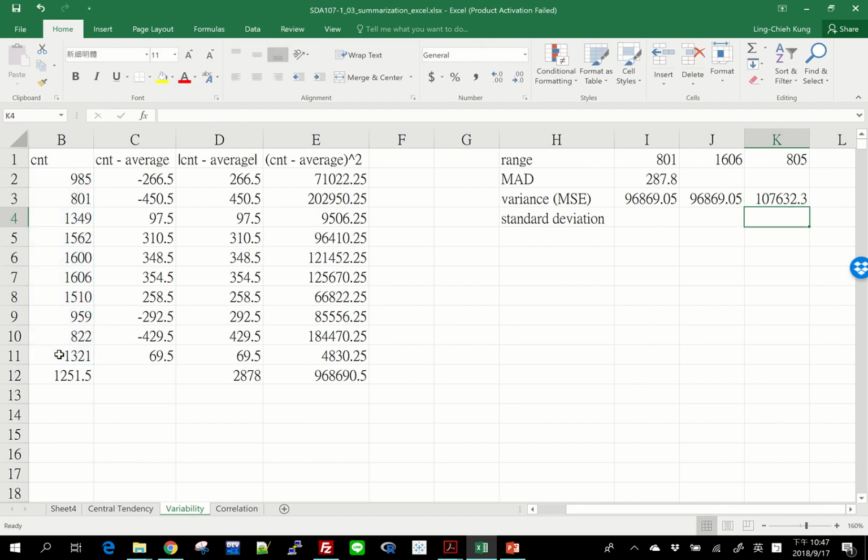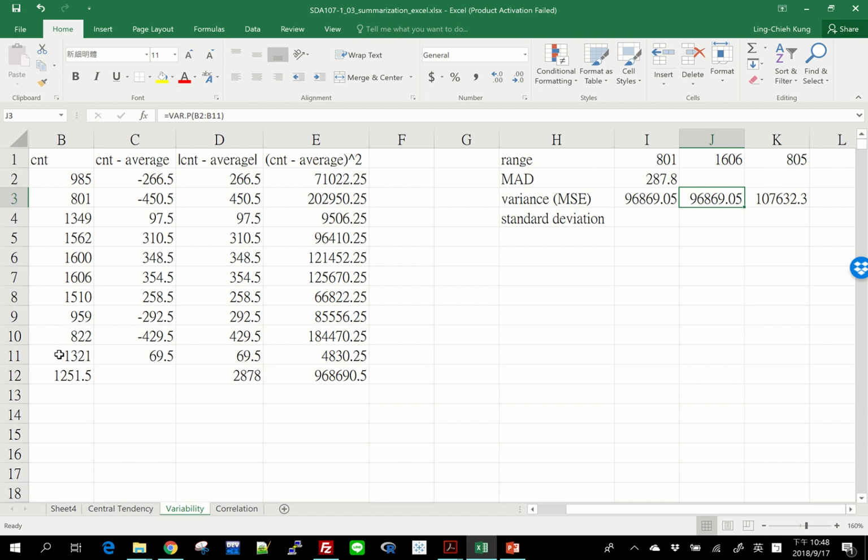And if you pay attention to the lecture videos, you know why that is. Because their denominators are different. For the population variance, the denominator is n. For sample variance, the denominator is n-1. So that's why for the sample variance, you're going to see a slightly larger value. Let me emphasize it again. Indeed, we need to distinguish the difference between population variance and sample variance.